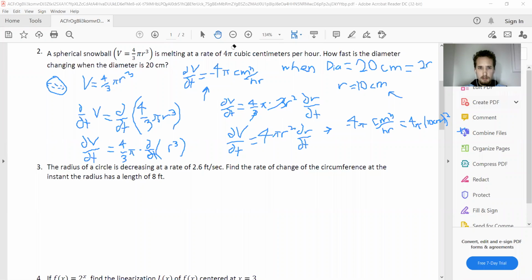Hopefully it's readable. Okay, so that's the formula there.